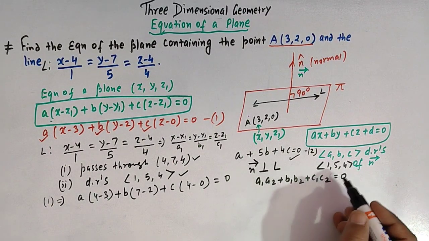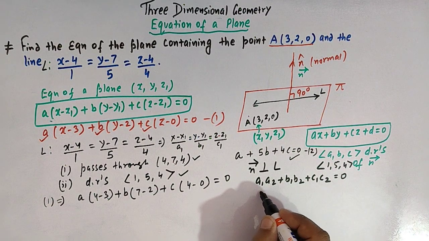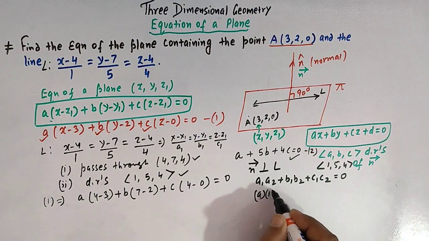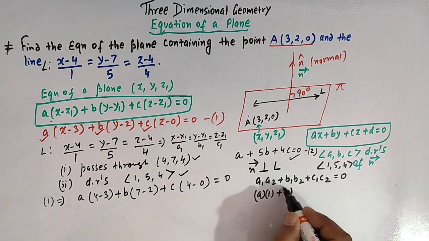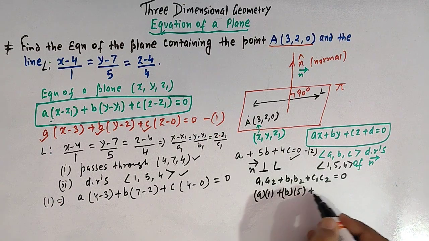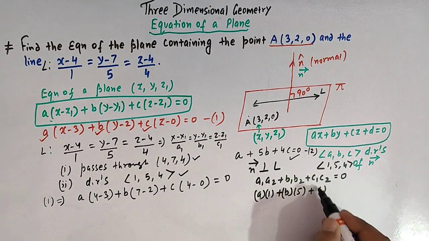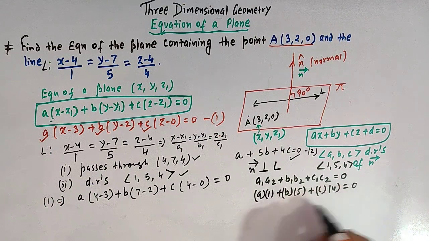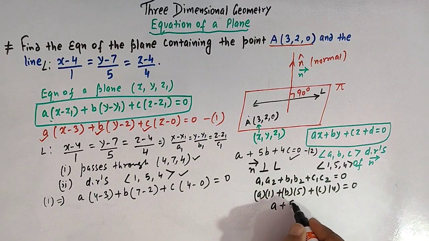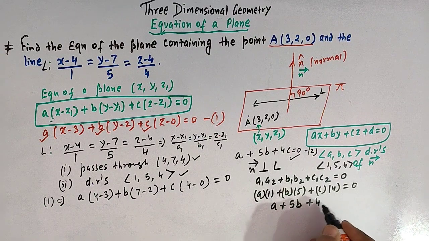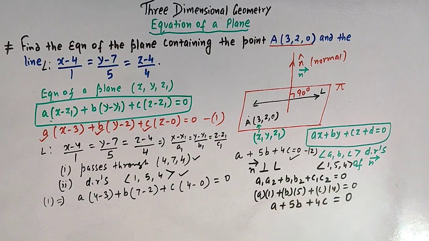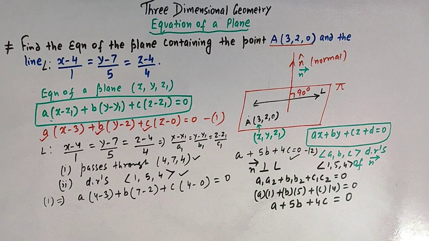So now we can frame the equation: a times 1, then b times 5, and then c times 4. So now we have the equation a plus 5b plus 4c is equal to 0, right? Here we get an interesting situation.